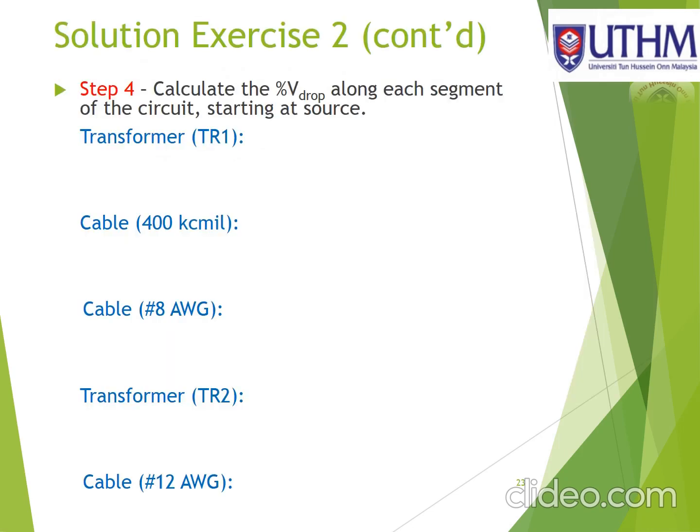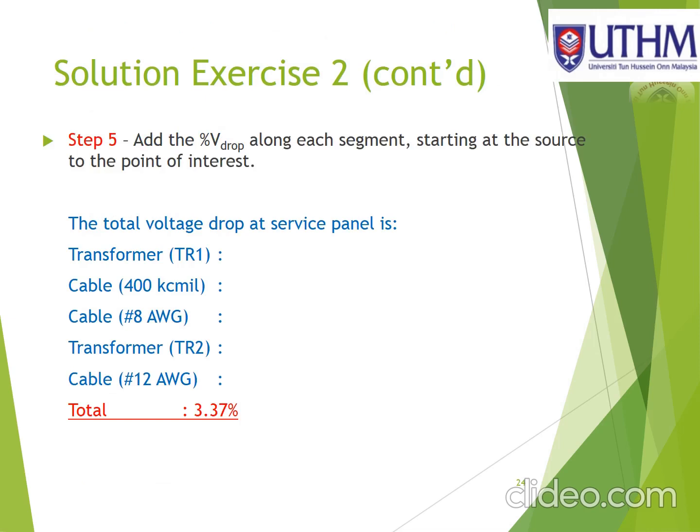Next, step number 4, we have to calculate the percentage of voltage drop along each segment of the circuit starting at source. Final step, step number 5, students have to add the percentage voltage drop along each segment starting at the source to the point of interest. So you have to add all the 5 segments' percentage of voltage drop, and the answer must be 3.37%.